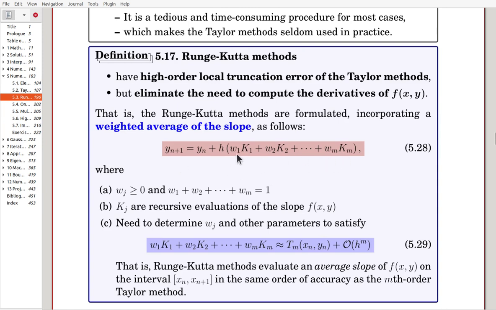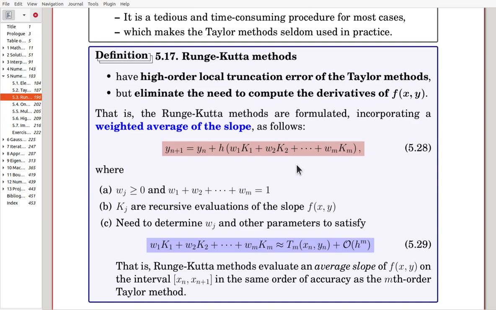Here, the w's are weights such that the summation is 1, and the k's are recursive evaluations of the slope f of x, y, so that this linear combination is a weighted average of the slope.